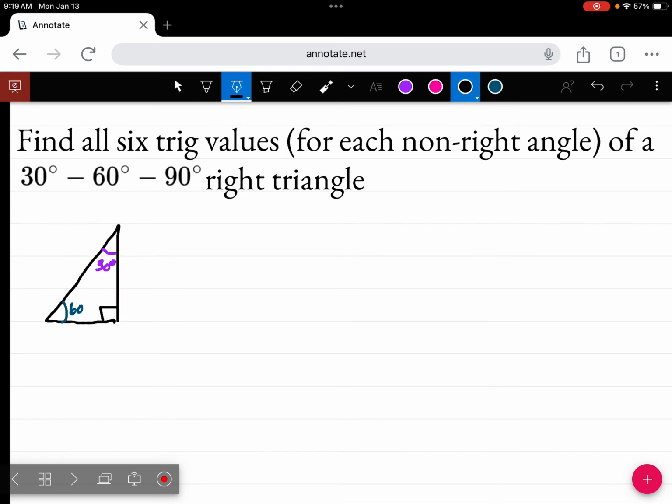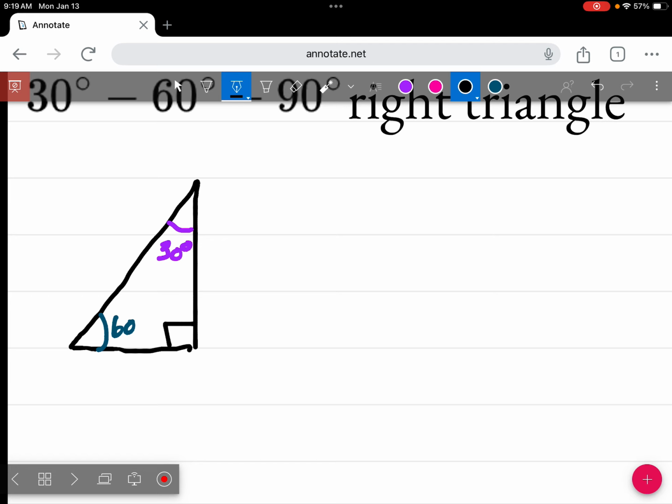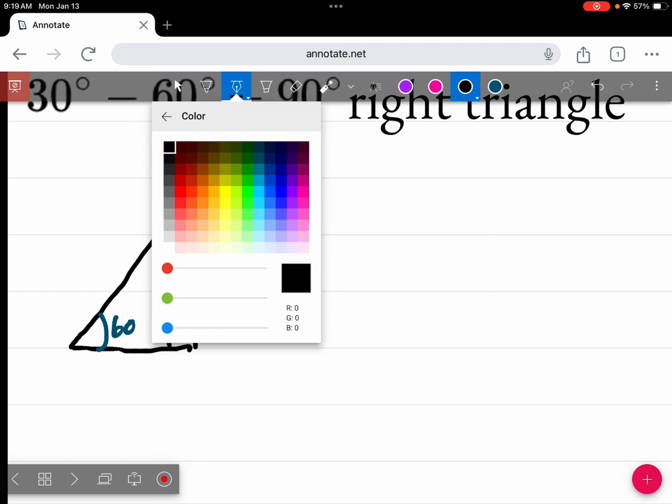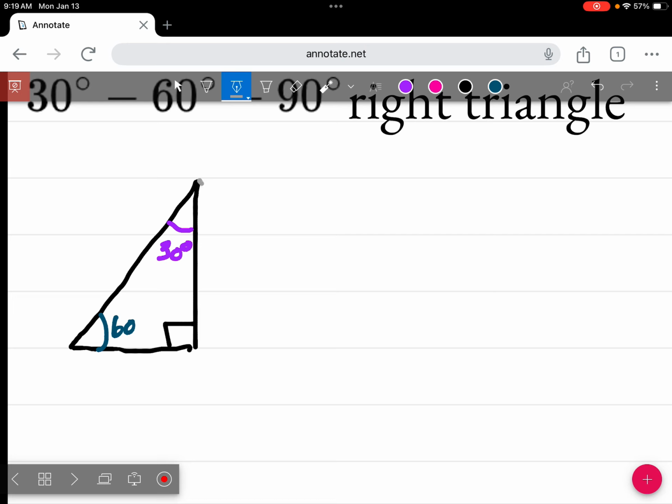However, if we think about this being a half of, and I'm going to change my color real quick, like this. If this is also 30 and 60, this outer triangle here, what do we know about this? If all three angles of this triangle are 60, what is this?